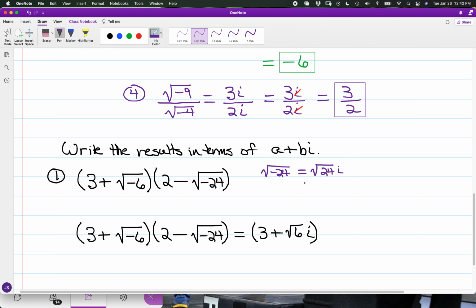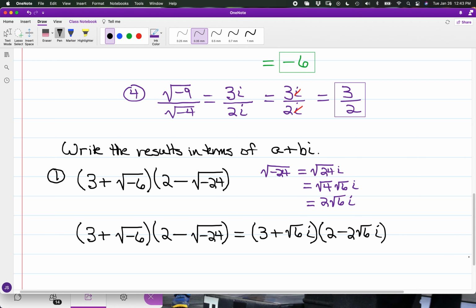The square root of 24i, and the highest perfect square that will go into 24 is 4. So I have 2 times the square root of 6i. So I got 3 plus the square root of 6i, times the quantity of 2 minus 2 times the square root of 6 times i.